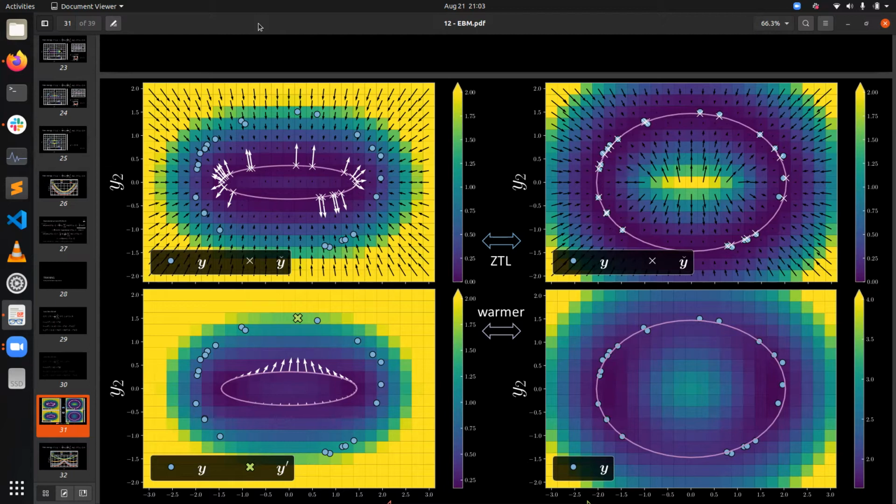But if we have a more powerful energy function which can model a wider variety of possible manifolds, we would encounter all kinds of problems with overfitting, right?